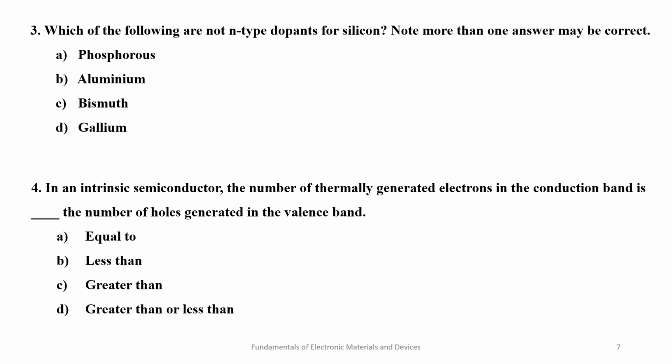Suppose we add a group 3 material like aluminium, it will be electron deficit and therefore it will transfer holes as charge carriers. So in that case, which will be the answer here? Bismuth and gallium will be the answer because they have asked for not n-type dopants for silicon. Is it clear?